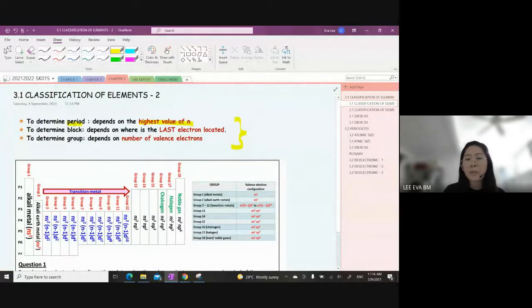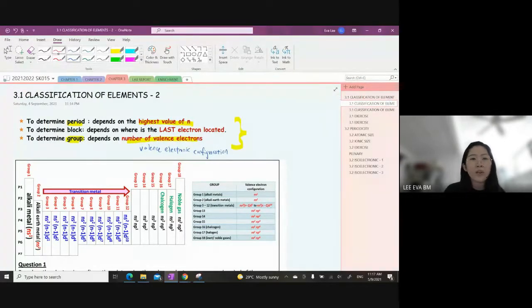To determine the period, first you need to figure out the highest value of n. Then for group, it depends on your number of valence electrons. So from here, you need to be able to find out the valence electronic configuration, which will help you recognize the number of your valence electrons.